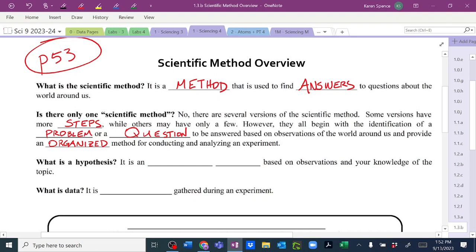Have a little chat with your partner. See if you remember what a hypothesis is. What is a hypothesis?